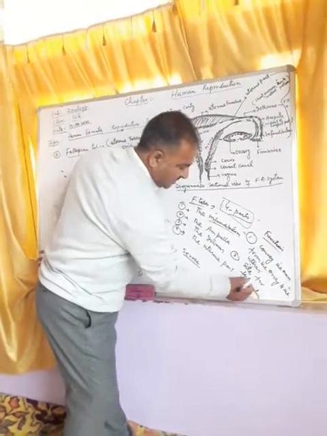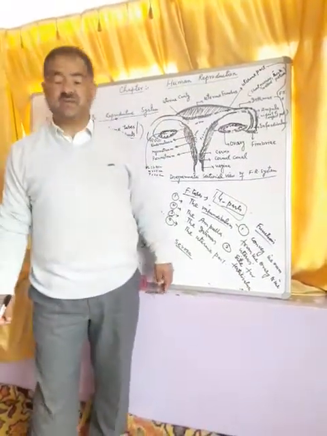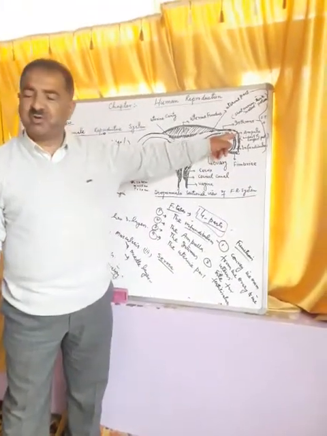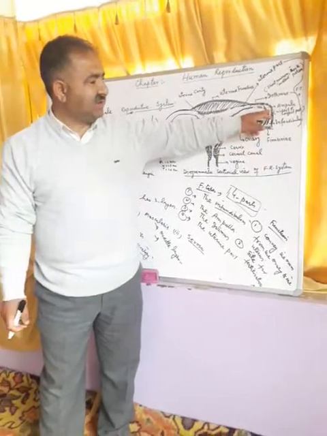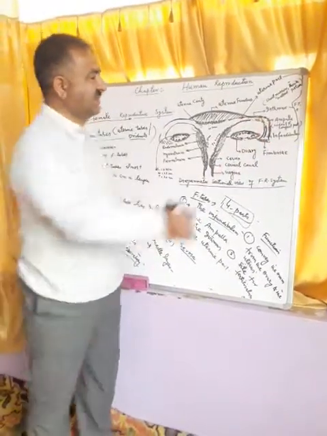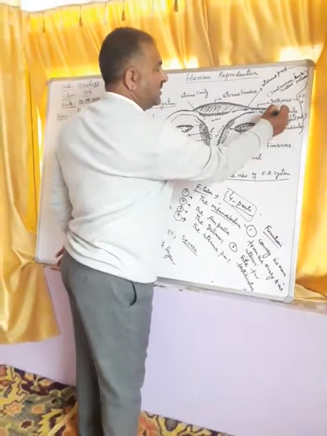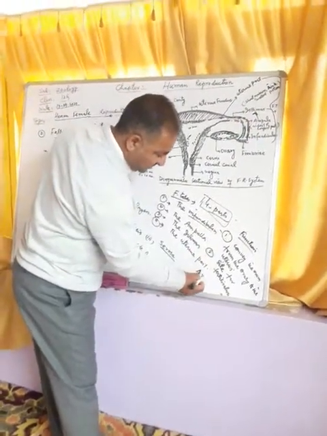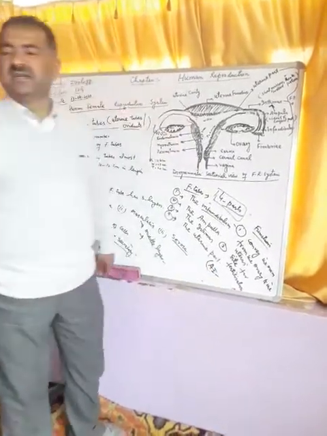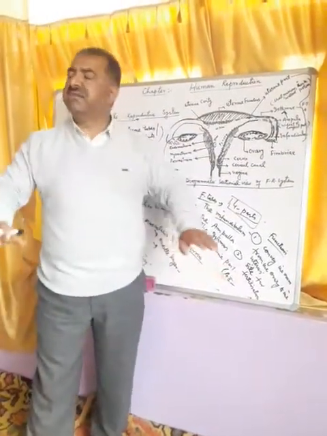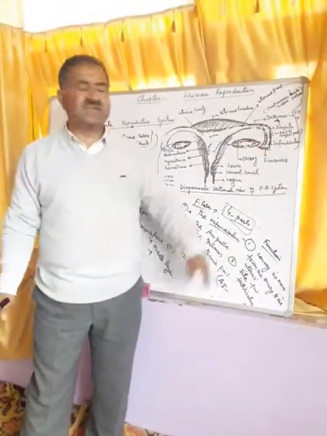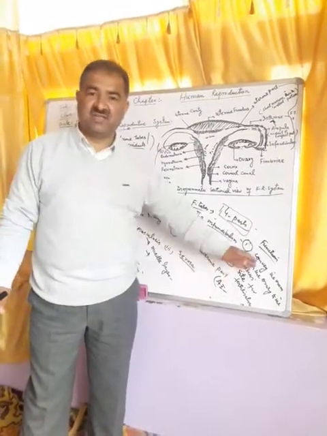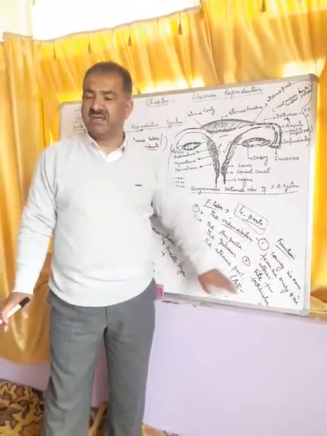Fertilization is the fusion of the male gamete, that is sperm, with the egg. The site for fertilization is the fallopian tube, especially the ampullary part, or the junction between the ampulla and isthmus, commonly called the AI junction, the ampullary-isthmic junction.